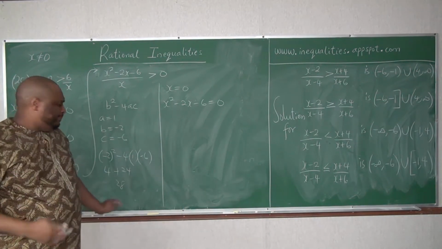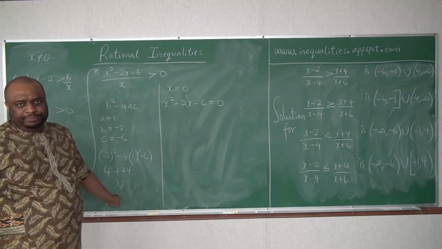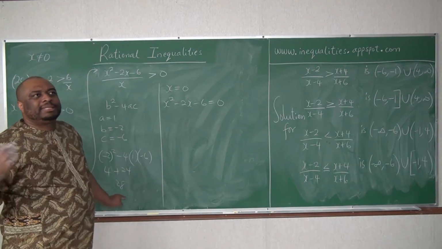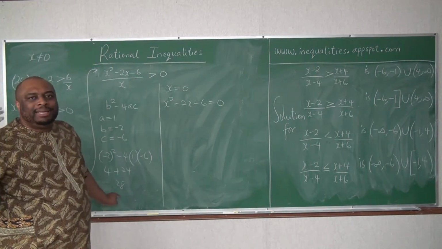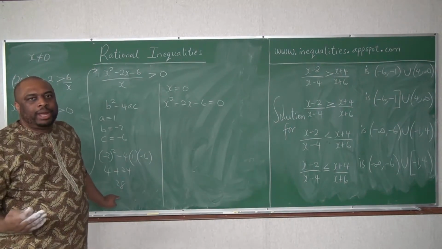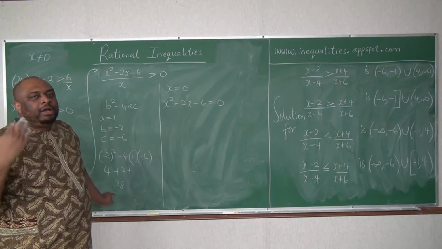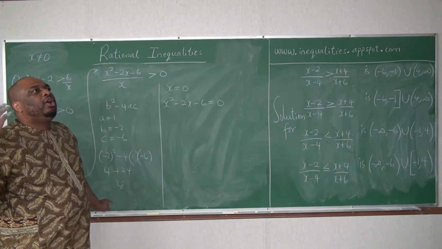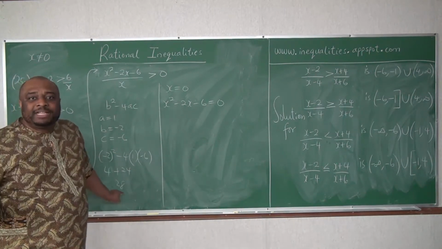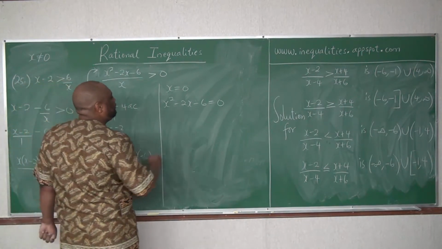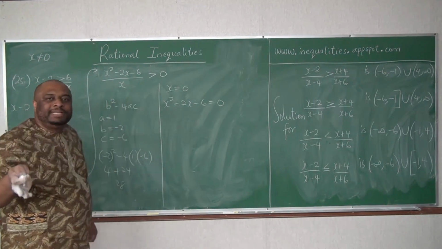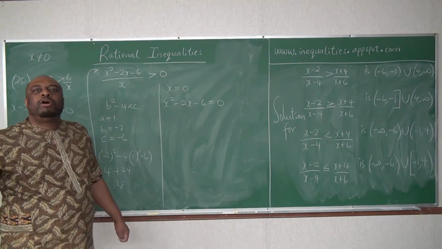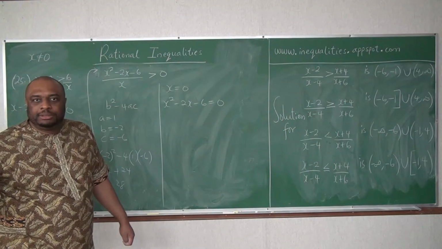We cannot solve it by factoring because the discriminant 28 is not a perfect square. So we have to solve it by completing the square method or the quadratic formula method.